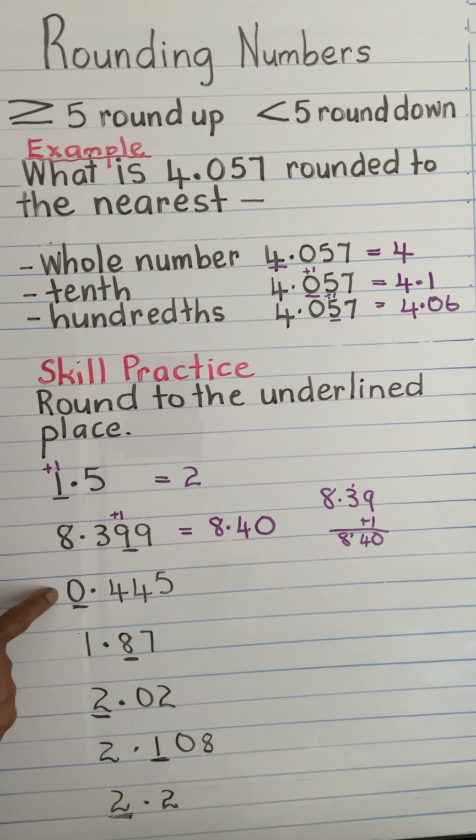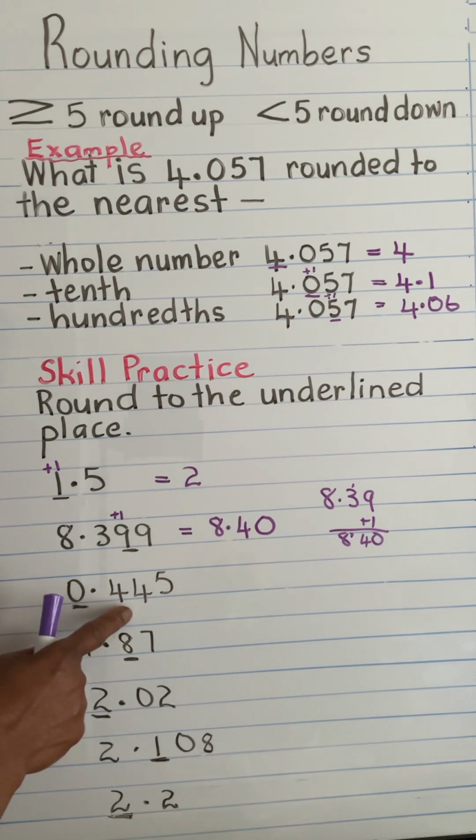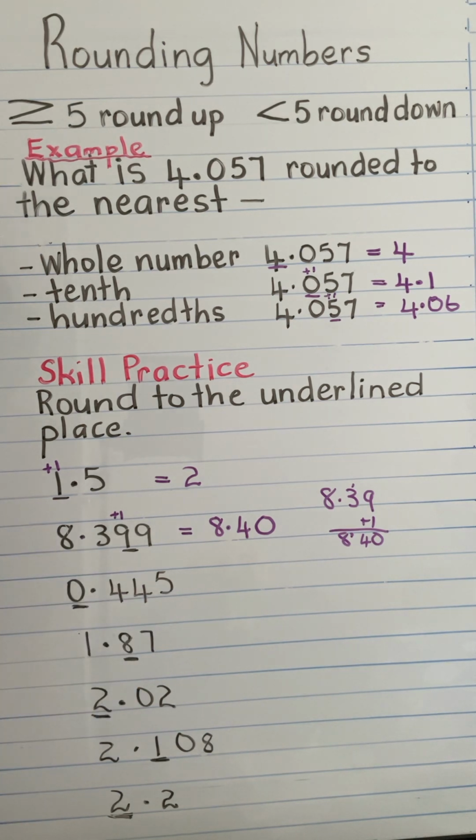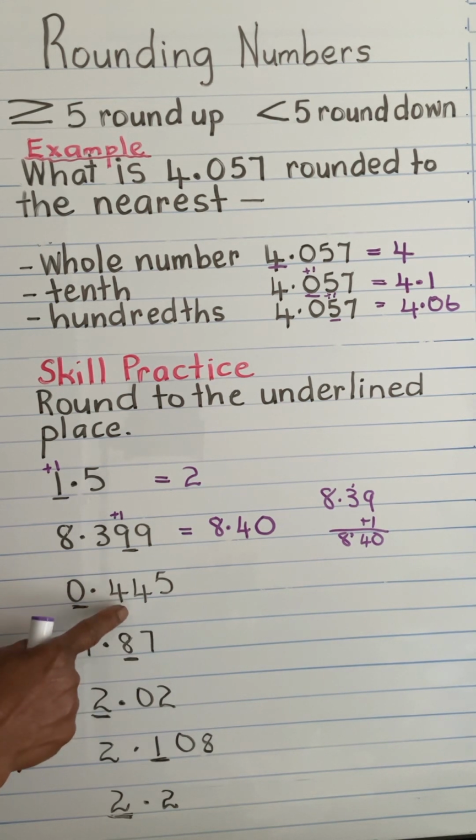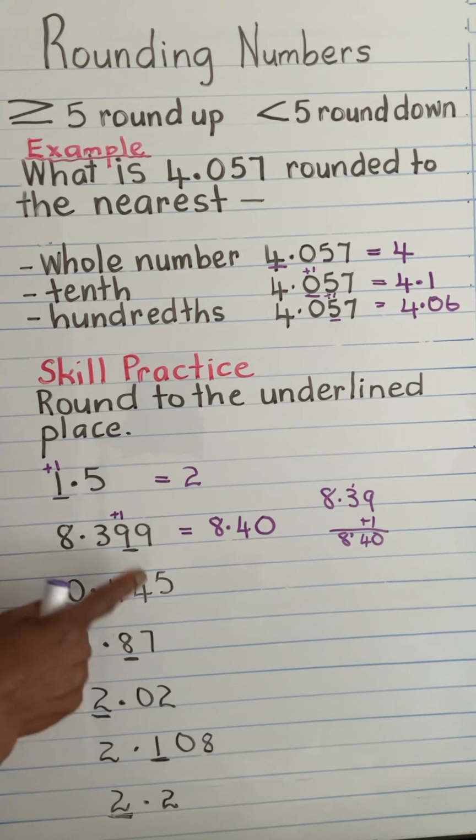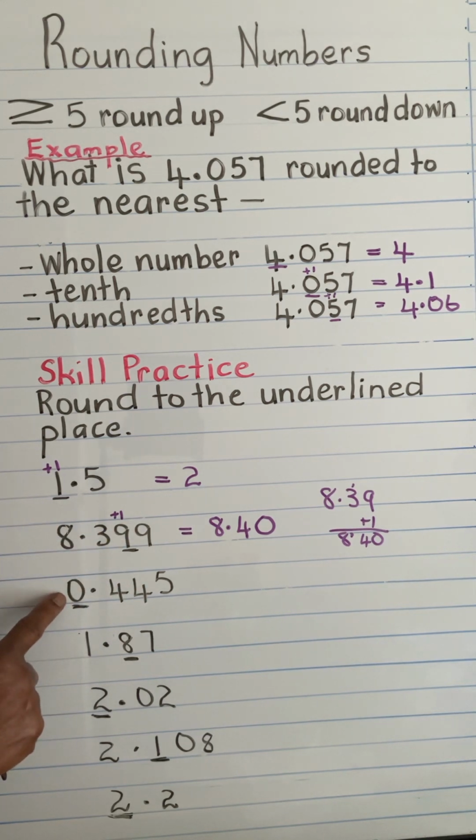Next, 0.445 to the nearest ones or the nearest whole number. We look to the right and we see 4, which is less than 5. So the rounded number is going to remain the same.